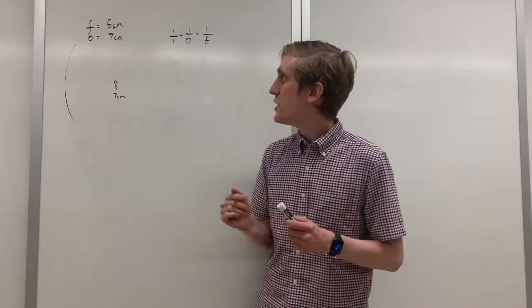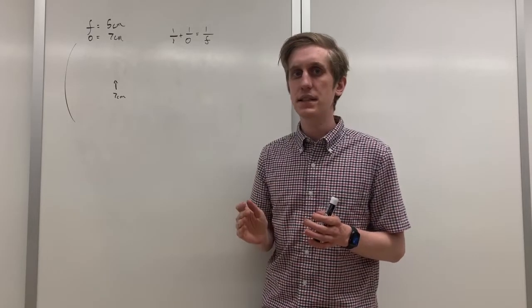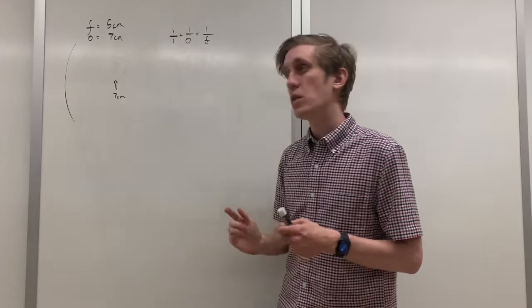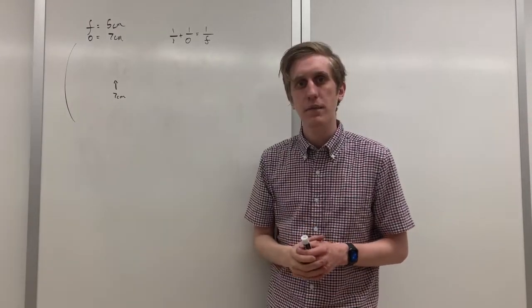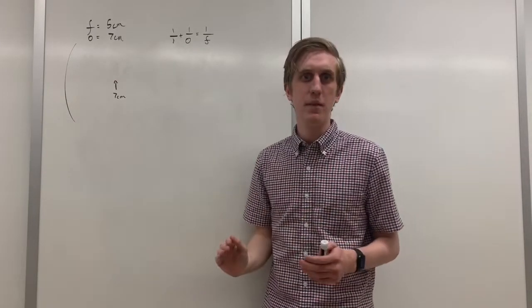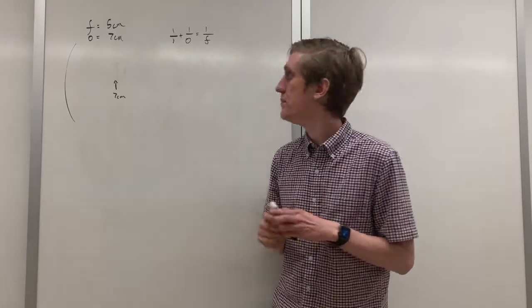To do that, we just need to plug our numbers into the mirror equation. I is the distance to the image and is what we're trying to find. O is the location of the object. F is the distance to the focal point. For a concave mirror, the focal point is on the same side of the mirror as the object, and so F will be positive.